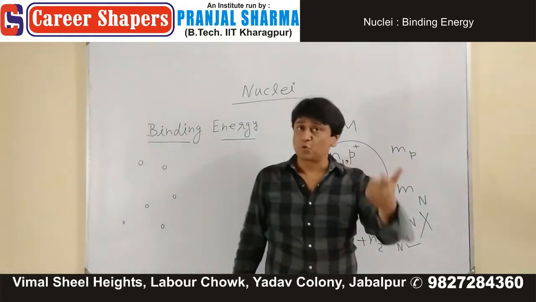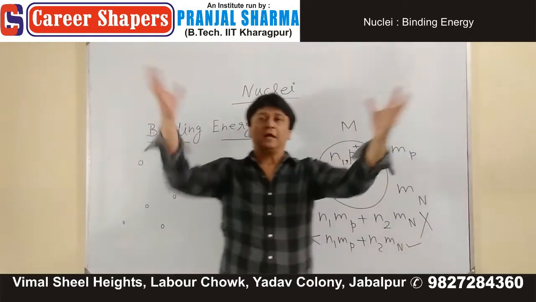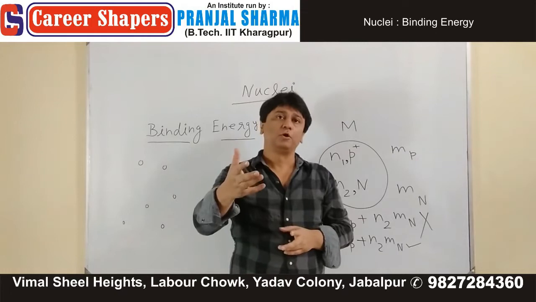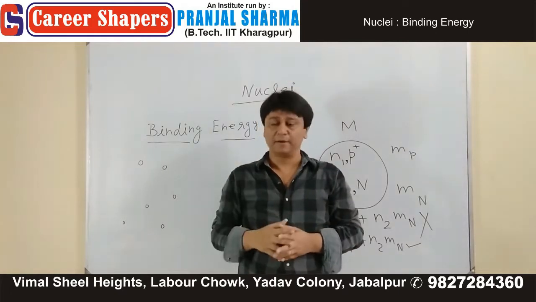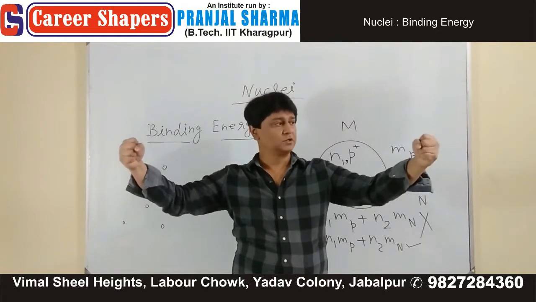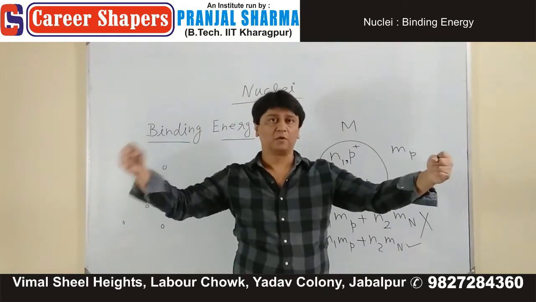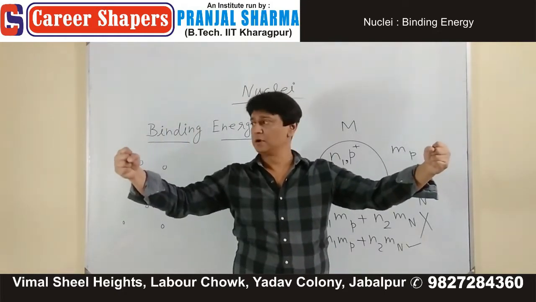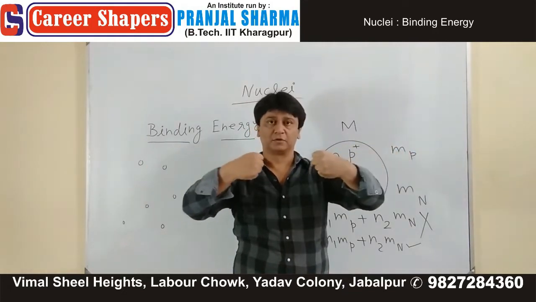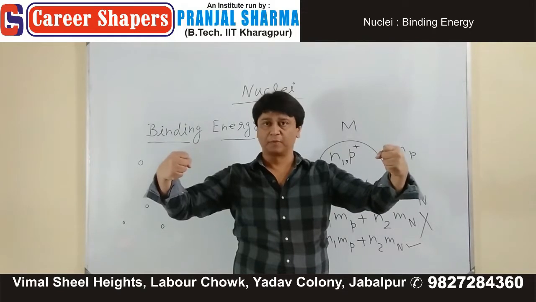And in the process, what happened? Let's talk about two protons. It will be easier to visualize the whole concept then. These are the two protons, positive charge. They are repelling each other with Coulomb's repulsion. Let's say they were moving towards each other.